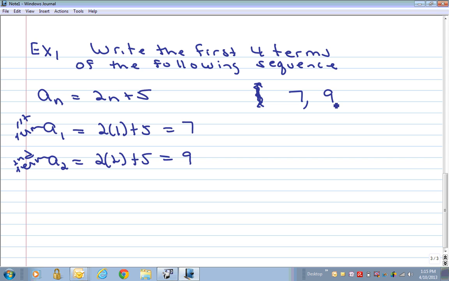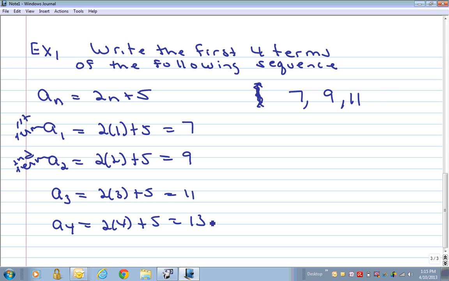So our second term in the sequence would be 9. We have a sub 3, our third term, and that would be 2 times 3 plus 5, which would give us 11. Then a sub 4 would be 2 times 4 plus 5, which would be 13, and 13 would be our fourth term.